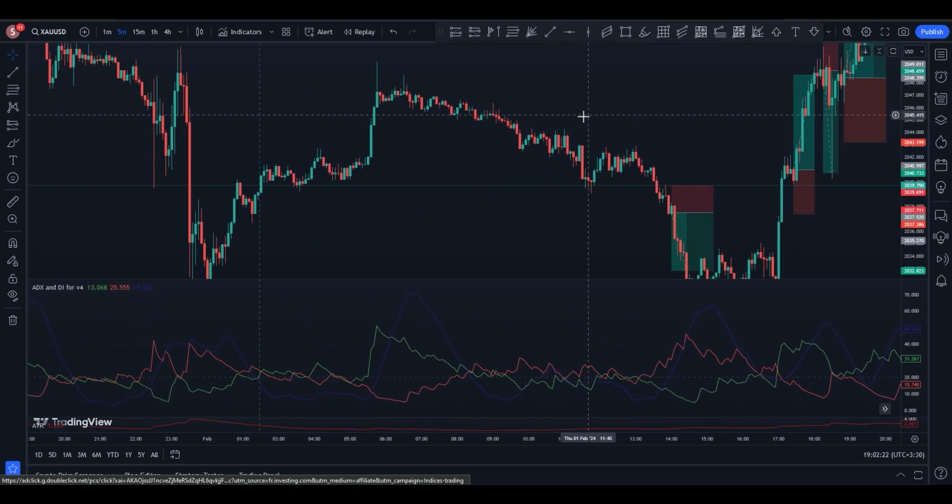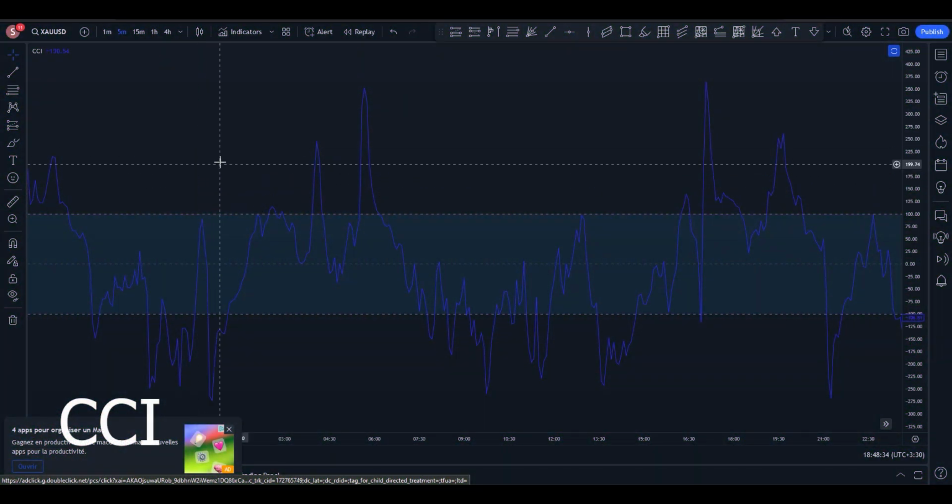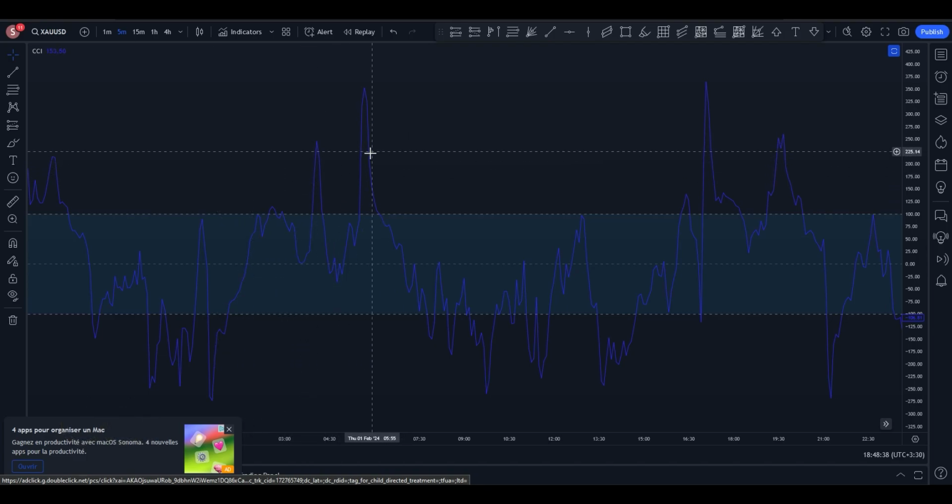That's in the New York session. The CCI indicator, or Commodity Channel Index, is a technical analysis tool that measures the difference between the current price and the historical average price of an asset. It can help traders spot overbought and oversold levels, new trends, and divergence in price movement.